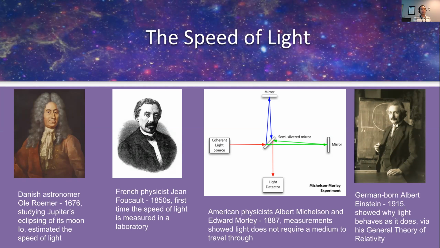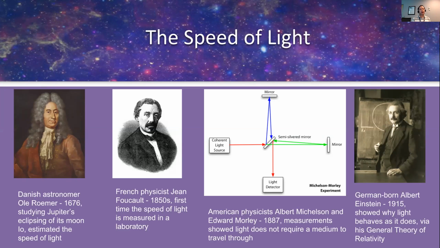This slide really speaks to a little bit of the history of the explorations of the speed of light. There were some initial measurements of the speed of light by a Danish astronomer, Rømer, in 1676, studying Jupiter's moons.